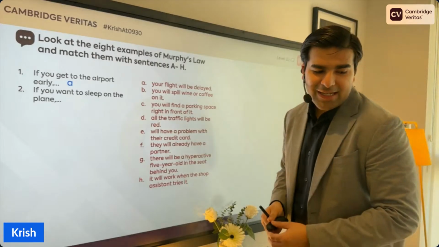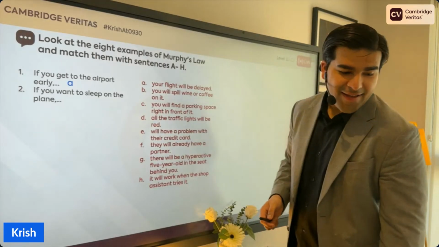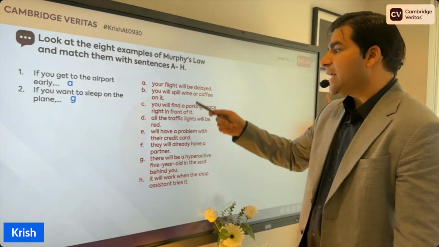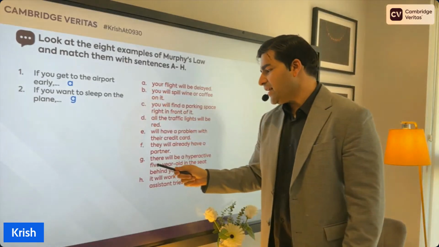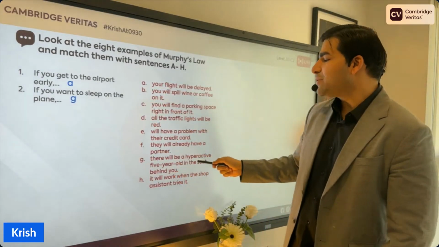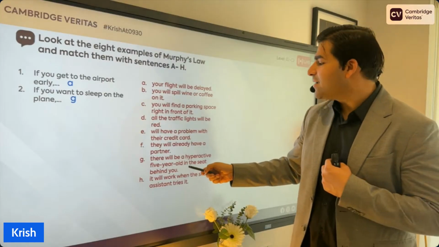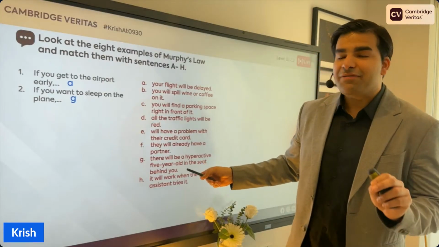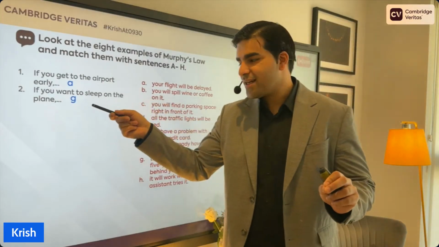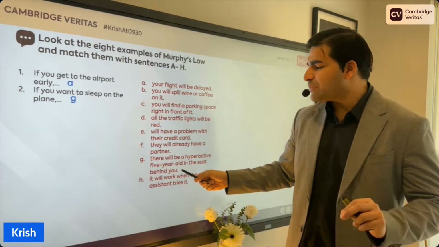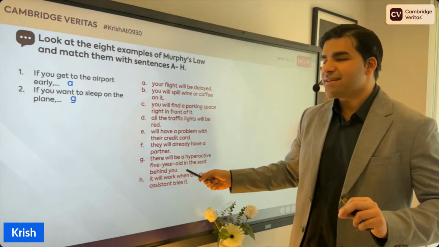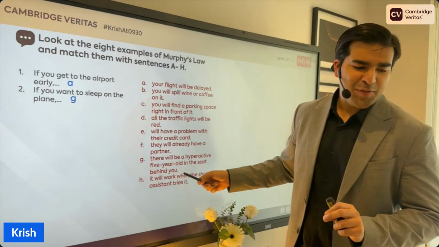The correct answer is, thank you for your answers, guys, it's G, which is here. There will be a hyperactive 5-year-old in the seat behind you. It happens to me so many times. If you want to sleep on the plane, there will be a hyperactive 5-year-old in the seat behind you. Yeah?